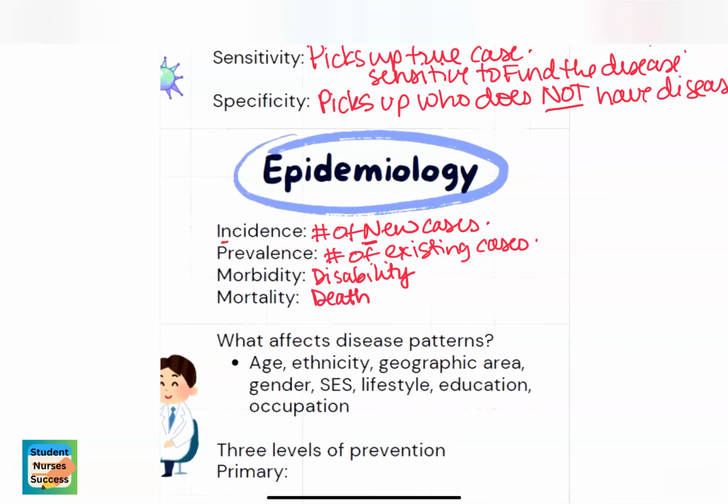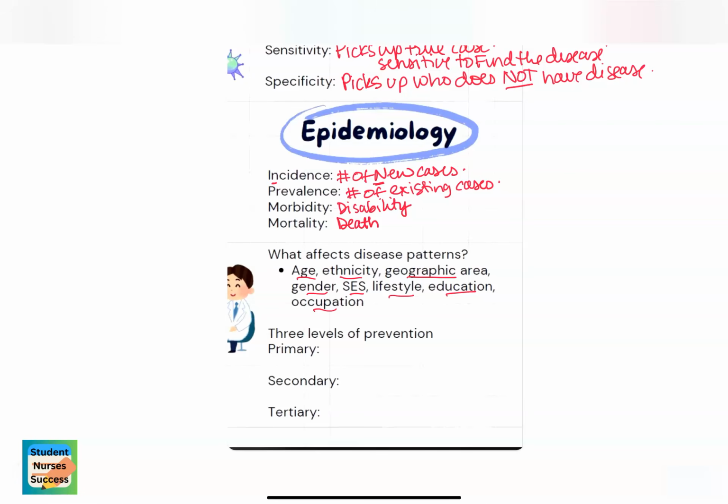We know that hemorrhagic strokes actually have a high mortality rate. A lot of people die if it's a hemorrhagic stroke. And we know that age, ethnicity, geographic area, gender, socioeconomic status, lifestyle, educational status, and occupation also affect disease patterns, and epidemiologists study these patterns.